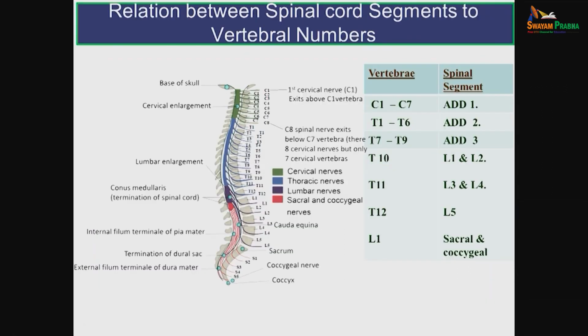Having understood this, there is a relation between the spinal cord segment and the vertebral numbers. As I already mentioned, there is a rostral shift of the cord, that is, the cord ends at the level of L1. So, if you take a particular vertebra, which is represented usually by the vertebral spine, the underlying spinal segment will be caudal to the corresponding vertebra.